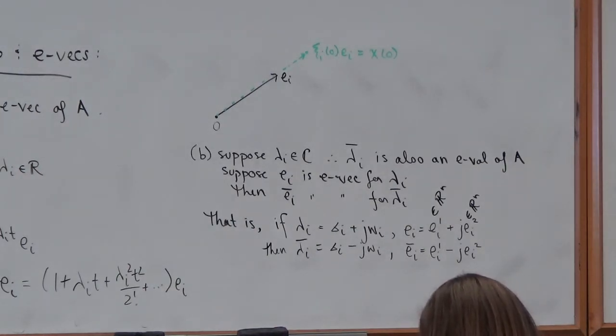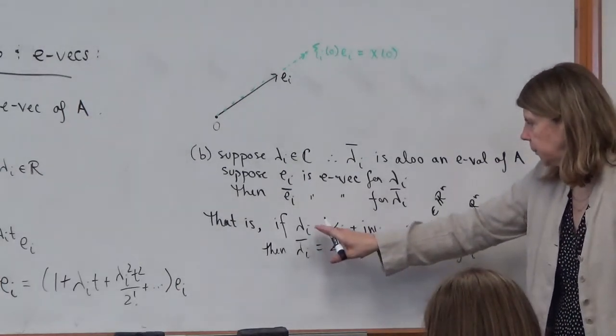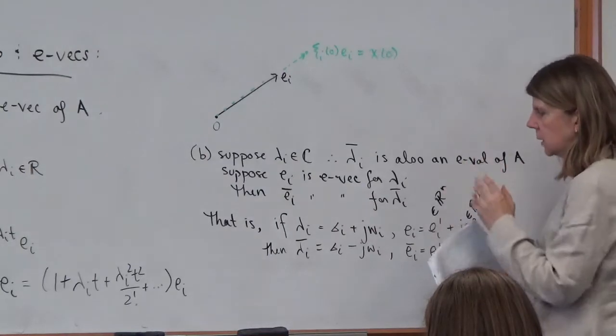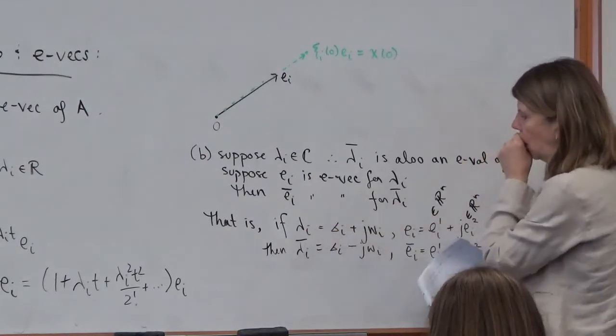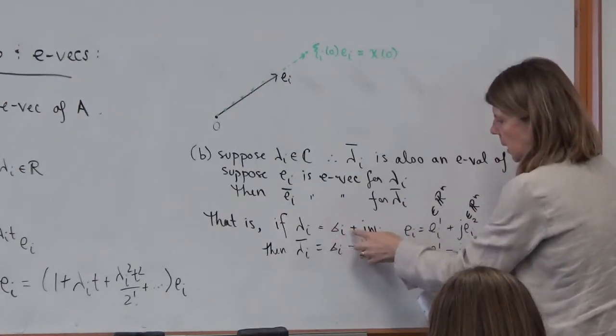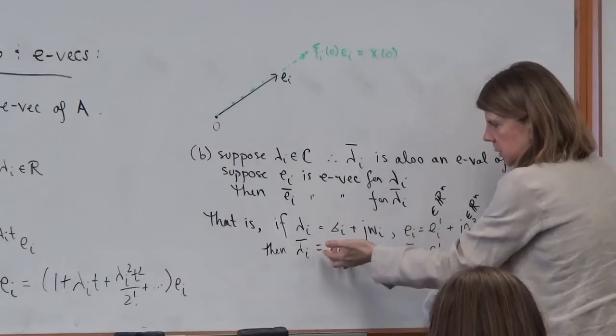How would you show this? If I asked you to show that, suppose I said A is a real matrix, it has an eigenvalue lambda i, which is sigma_i plus j omega_i, so compute its complex conjugate.